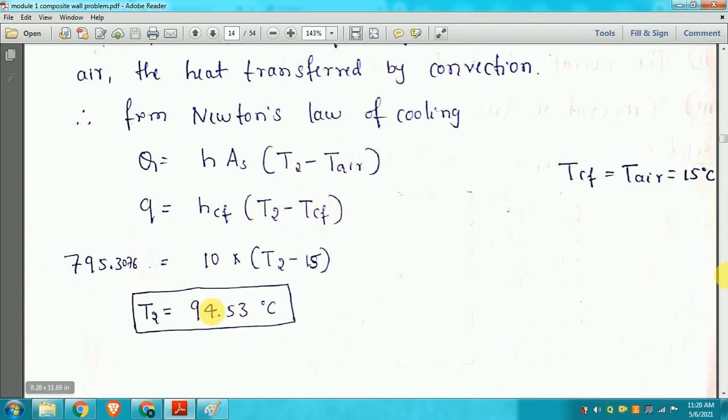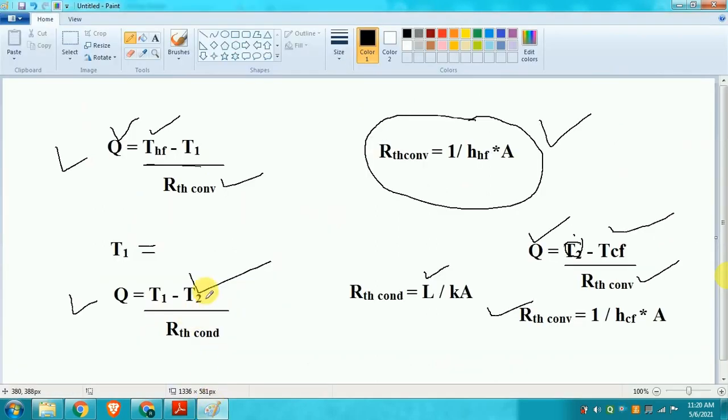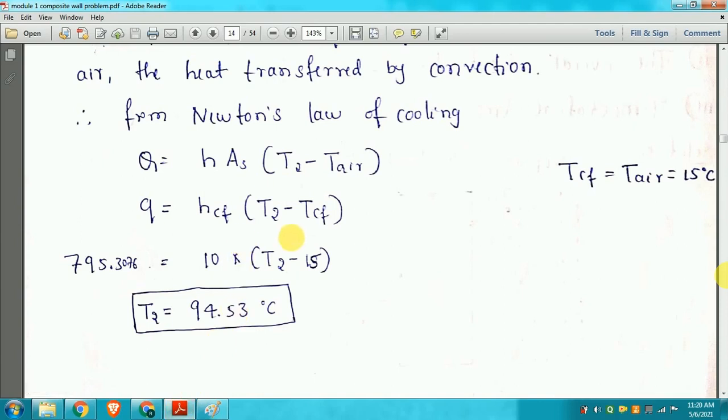So T2 value is so much. So either you can use this method, or this method to find out T2, or even this method. Just find out by any method, you will get the same value.